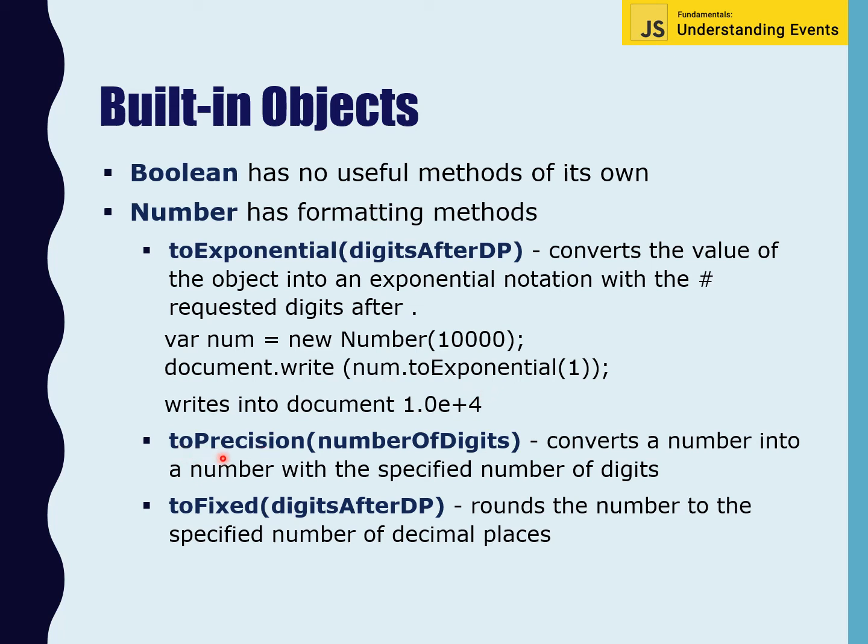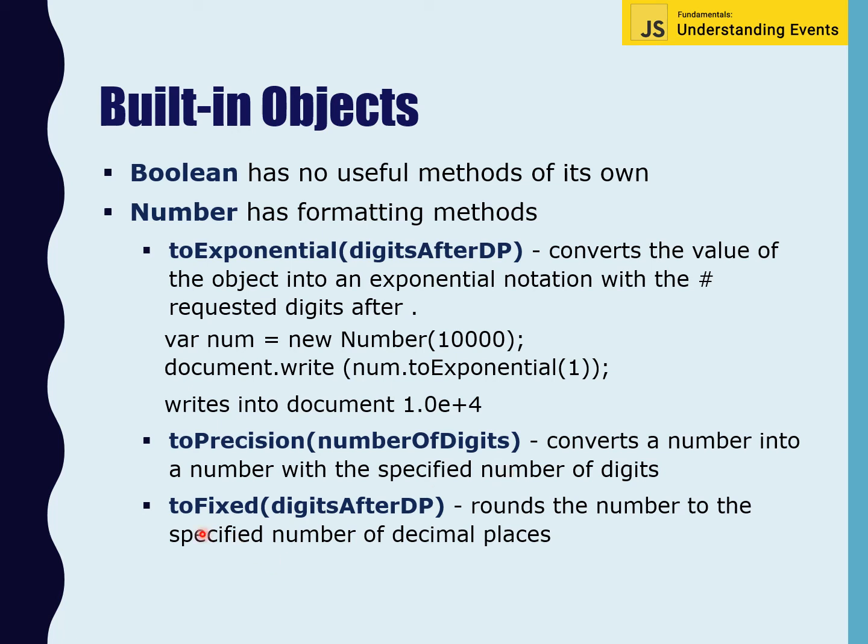Then next is toPrecision(number of digits). It converts a number into a number with the specified number of digits. So this function is used to specify how many digits should be available for a particular number. If we have a number with 2 digits and we want to express it in 4 digits, then that much precision will be created.